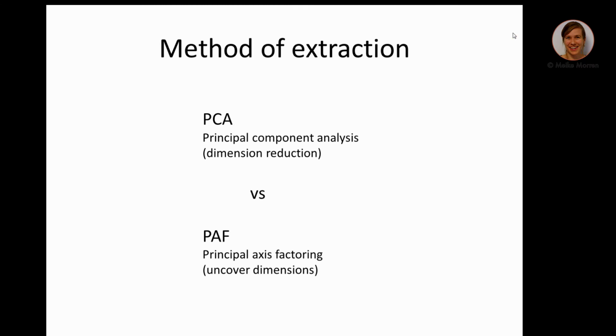For now, I go on with the method of extraction. Two of the main methods of extraction mentioned in SPSS are principal component analysis, where you simply reduce the number of dimensions in the data, and principal axis factoring, which is principally used to uncover dimensions. Now, what is the difference? Actually, the difference is fairly small.